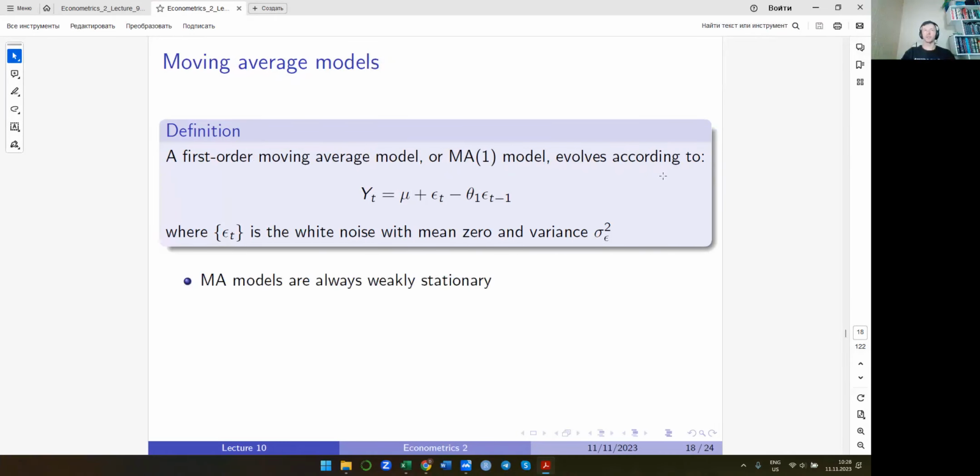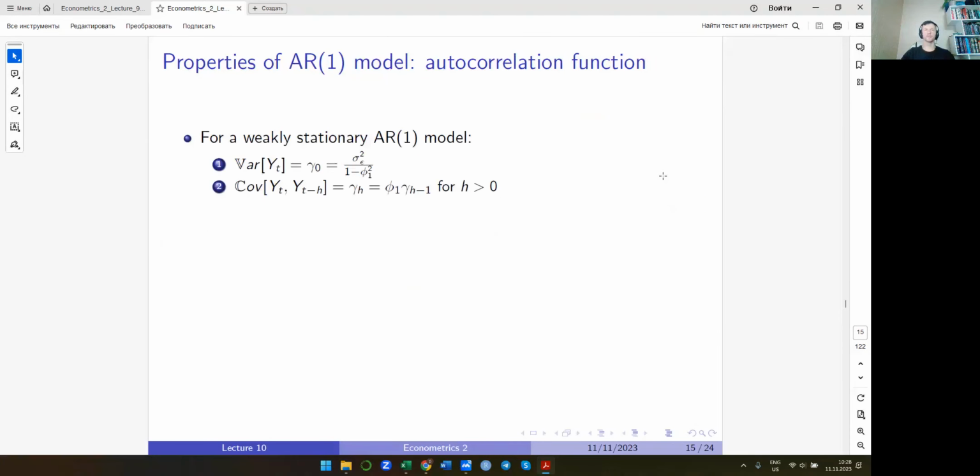Again, epsilon t is white noise. MA models are always weakly stationary, so there are no conditions on stationarity as we had in the AR1 process, where phi 1 should be less than 1 in absolute value.